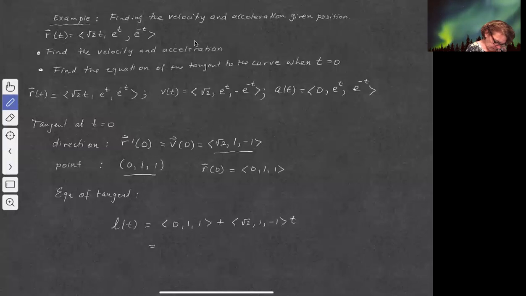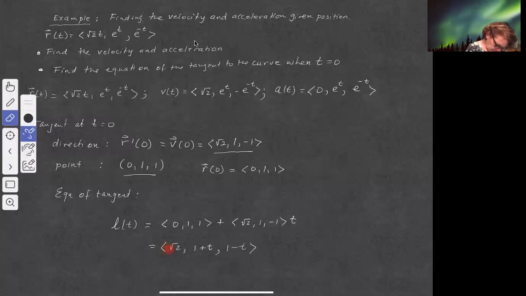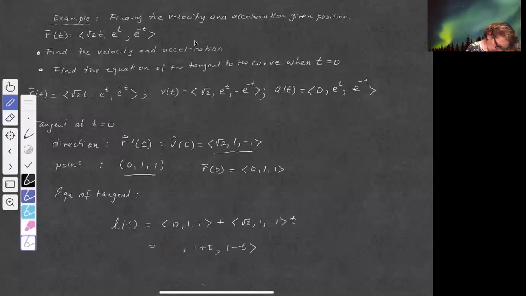And we could separate this into components. Second component is 1 plus t. And third component is 1 minus t. And let's fix the first component. The first component is actually equal to square root of 2 times t. Okay, so that's how you get the equation of the tangent as well.